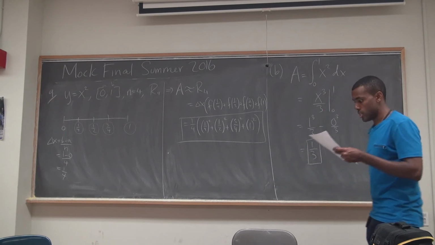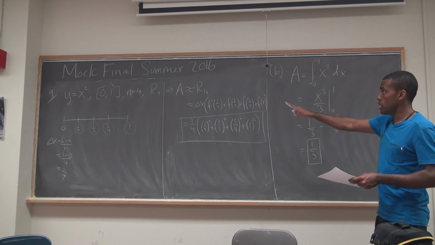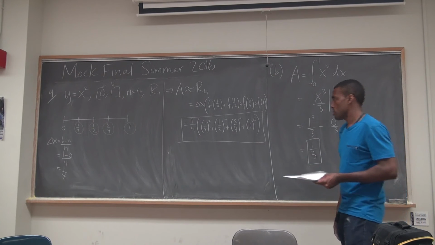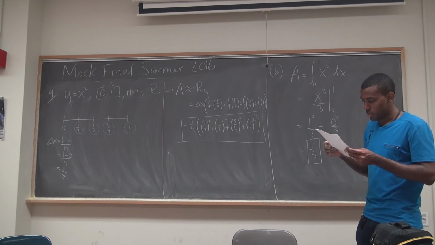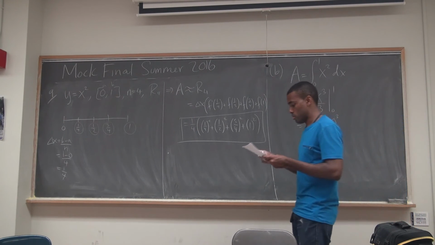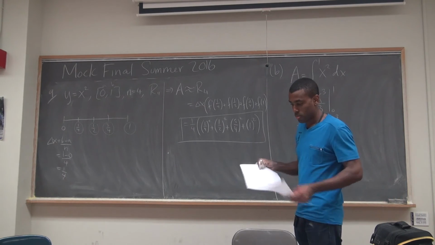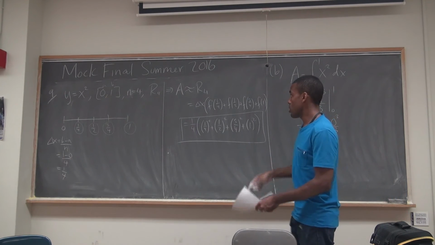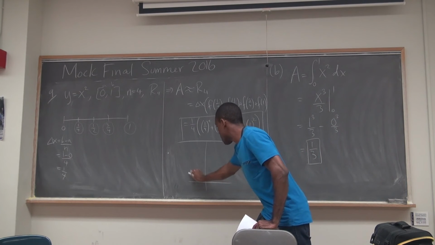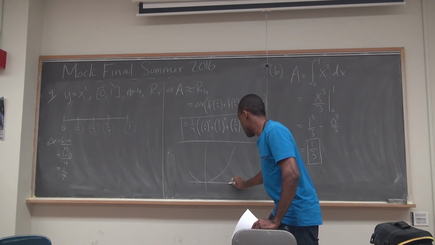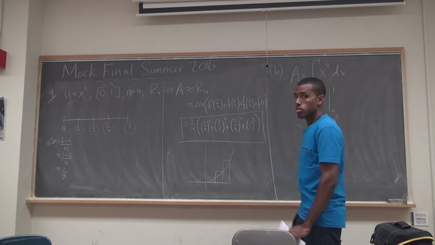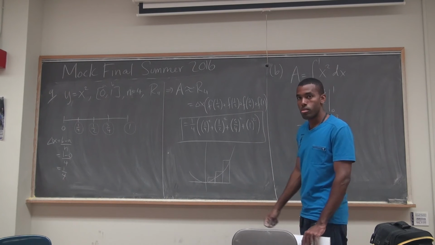I don't know how close that is. That's going to be an overestimate, which I didn't ask you here. But I'm curious, how would you know? Because I know y equals x squared is like this. And I'm on the right side, so it's going to always be above when I'm on the right side.